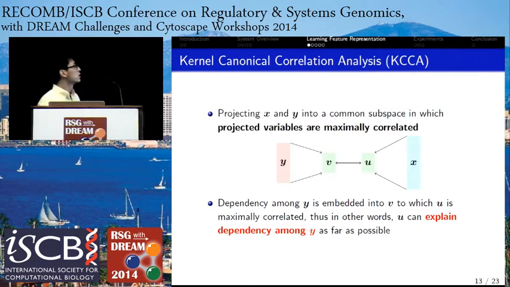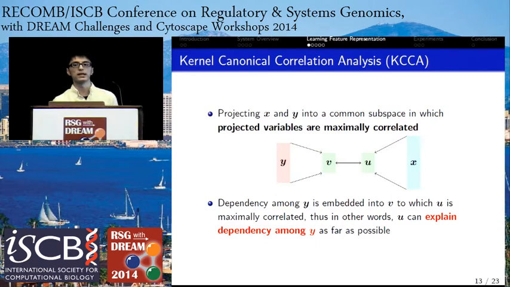The first is kernel canonical correlation analysis, KCCA in short, which is a quite standard feature extraction or dimensionality reduction method, which projects X and Y into a common subspace in which the projected variables are maximally correlated with each other.